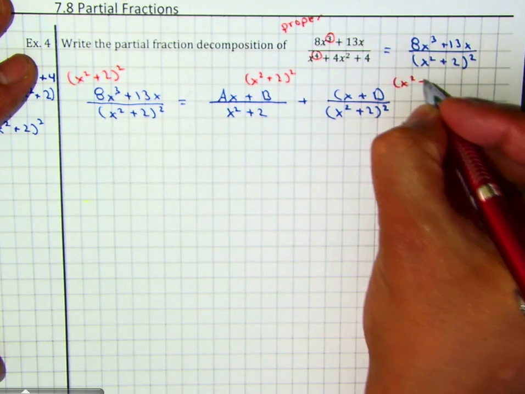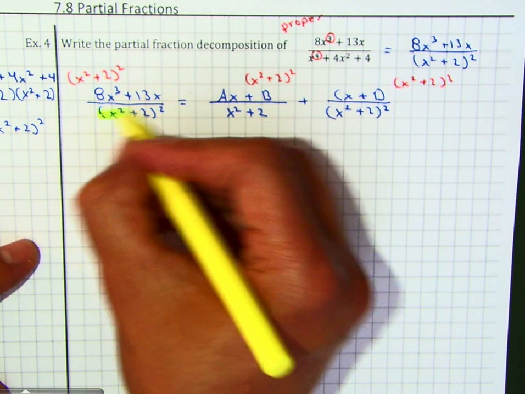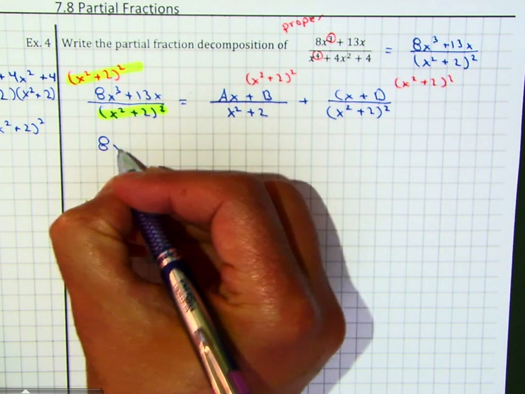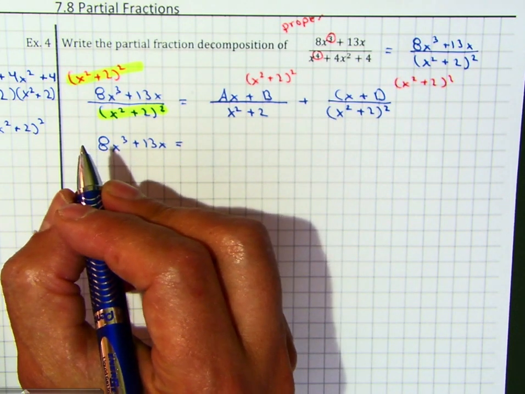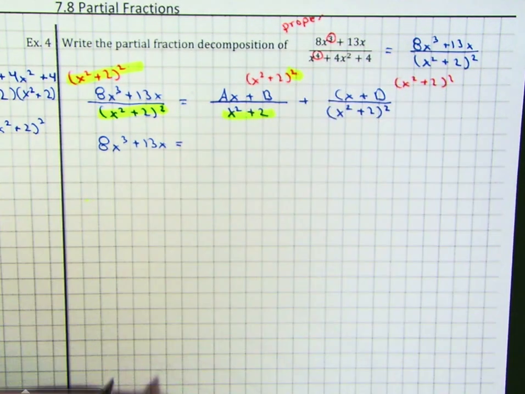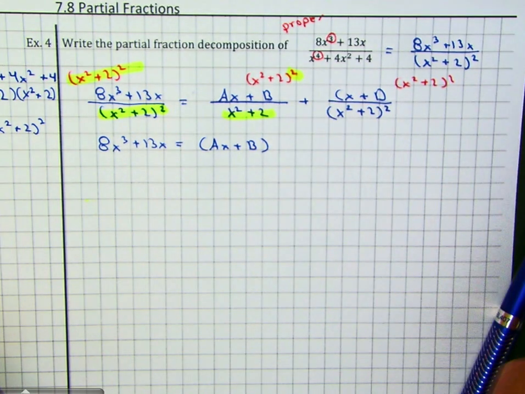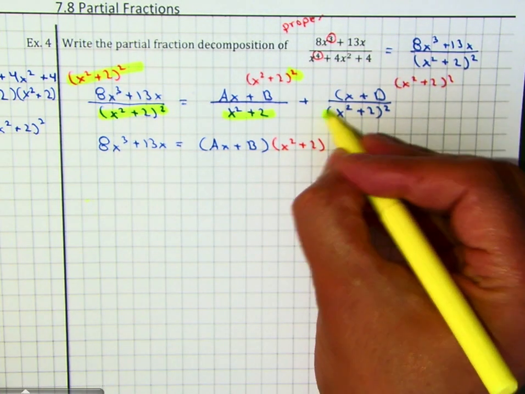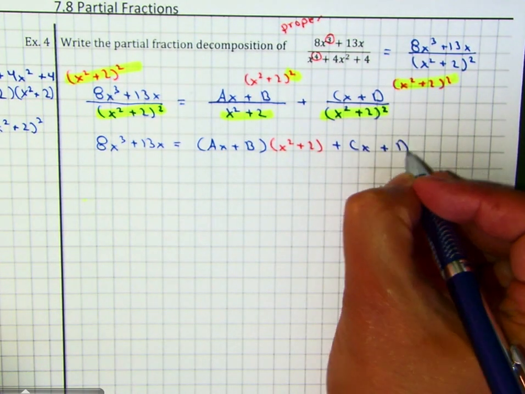On the first one, my entire denominator cancels out, so therefore I have x to the third plus 13x equals. On the next one one of my x squared plus 2 cancels out, so therefore I have ax plus b multiplied by x squared plus 2. On my third one, both of them cancel out, so therefore I have plus cx plus d.